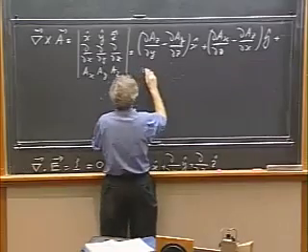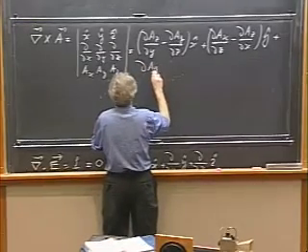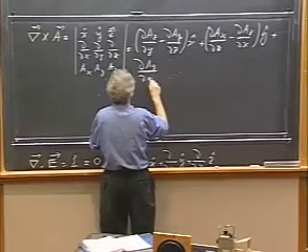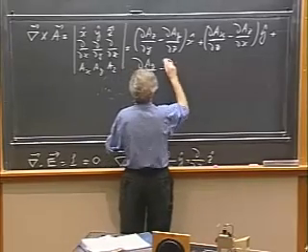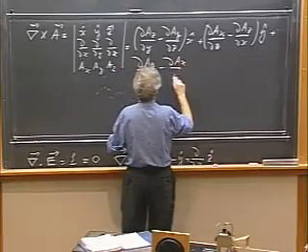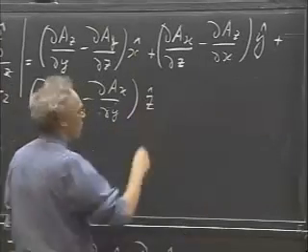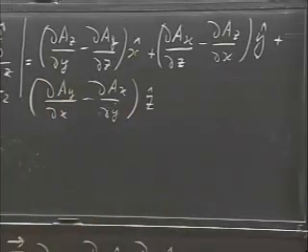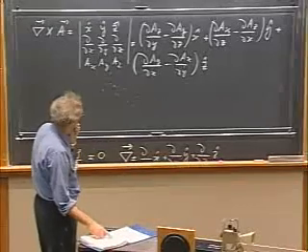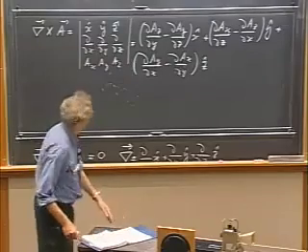And then you would get dAy/dx minus dAx/dy, and that is in the z direction. And let me check that because it's so easy to make a little slip, and that is very awkward for me and for you also later. That is fine.